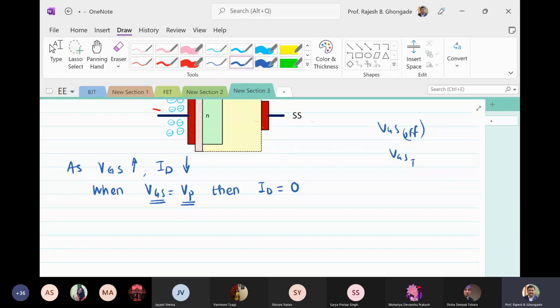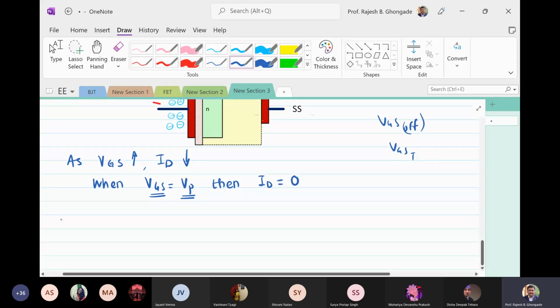Now for positive bias of VGS: so far we have made VGS negative.